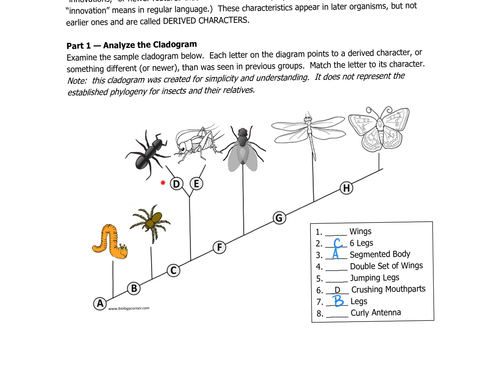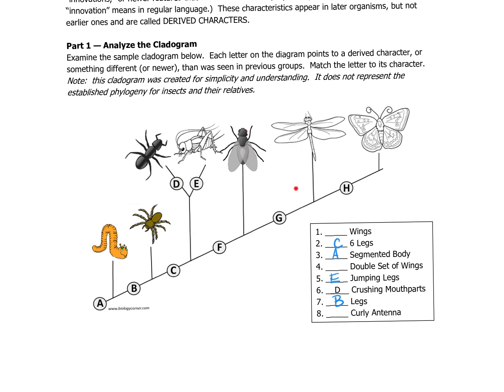All right, then D was done for you. So D is a crushing mouth part. Now I'm going to move on to E. What kind of trait does just the grasshopper have over here at E? What does the grasshopper have that's unique to the grasshopper? I think it's going to be jumping legs. So I'm going to put E for number 5. Okay, now we're moving on to F. What are some characteristics that the remaining 3 insects have that the rest of these don't have?